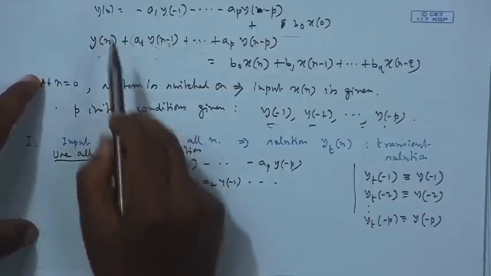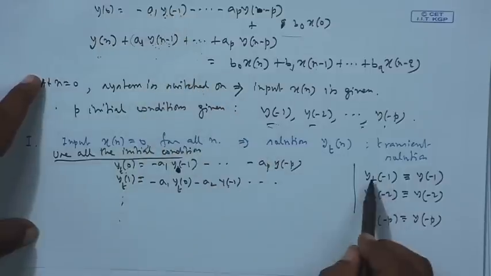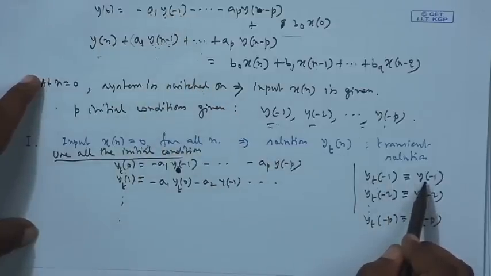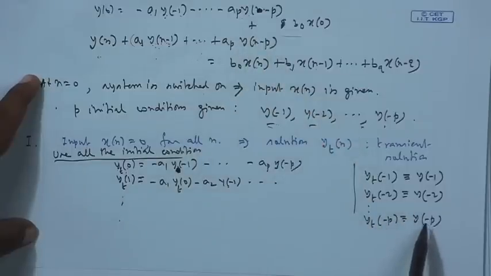That is why y t 0 will be minus a 1 y t minus 1, but y t minus 1 I am taking to be the given initial condition y minus 1, minus a p y t minus p, y t minus p I am taking to be y minus p.